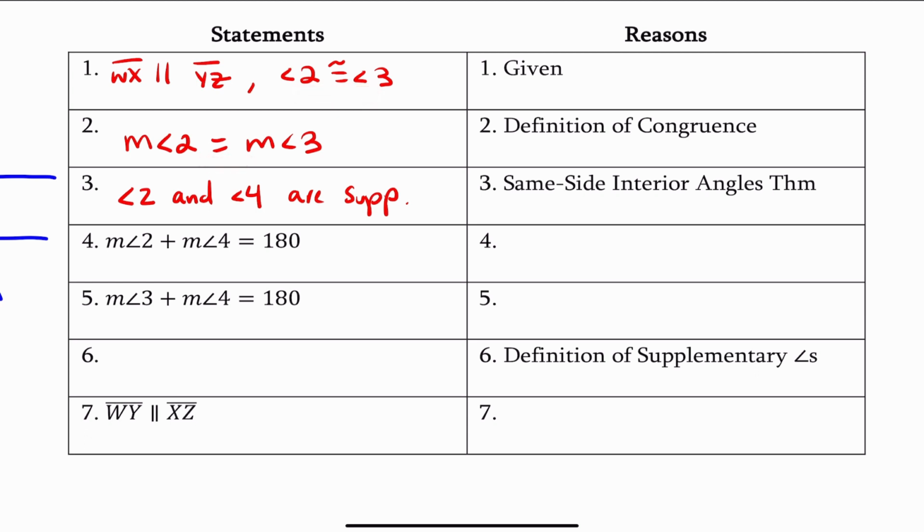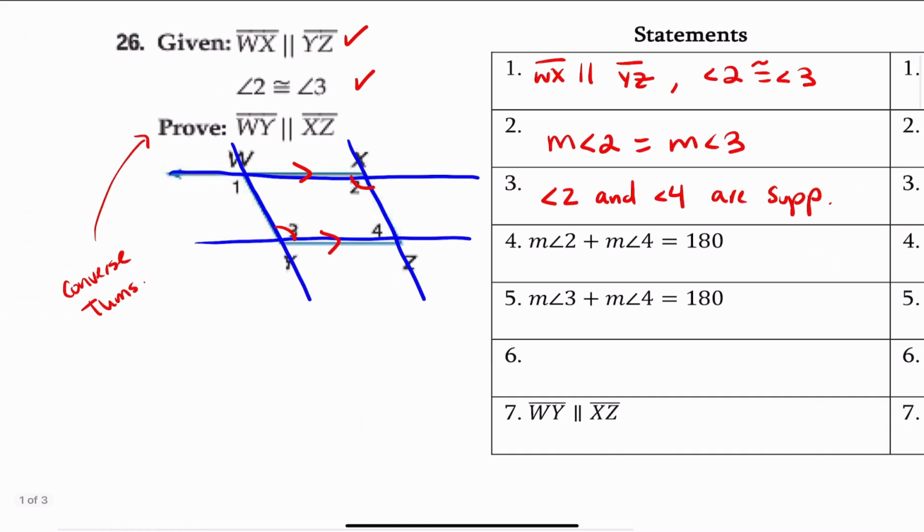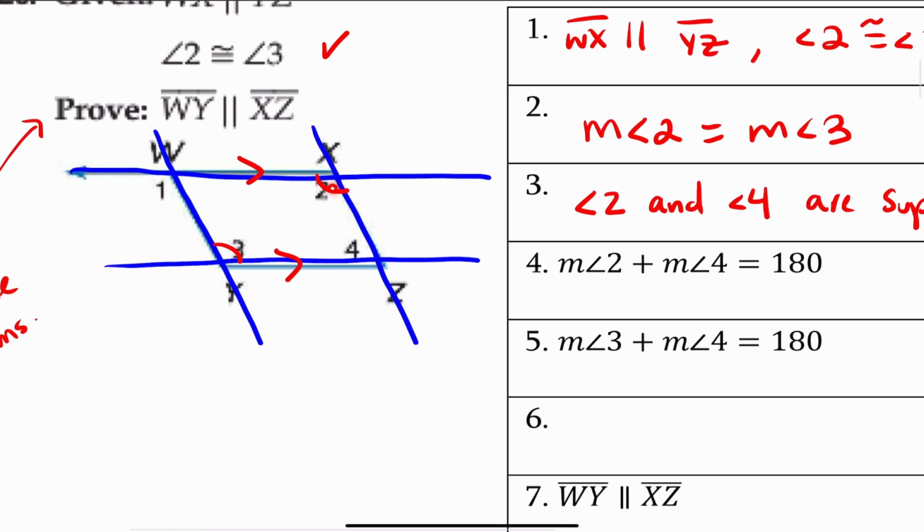But this is saying this is supplementary in words, and now this is supplementary in algebra. So this is actually definition of supplementary angles, okay? So that means that measure angle 2 plus the measure angle 4 is equal to 180.